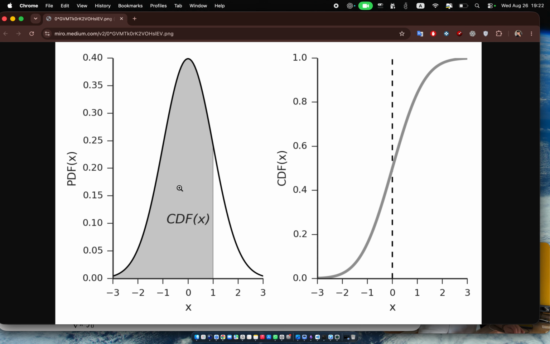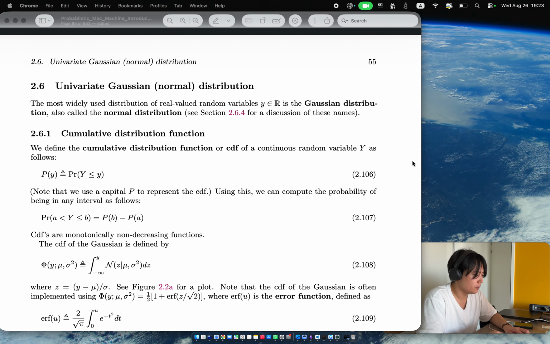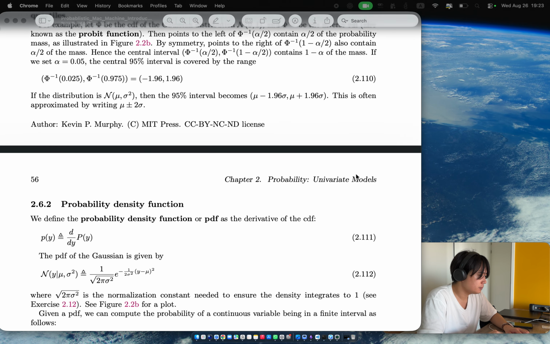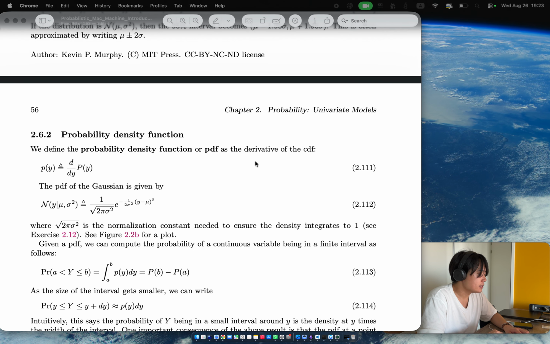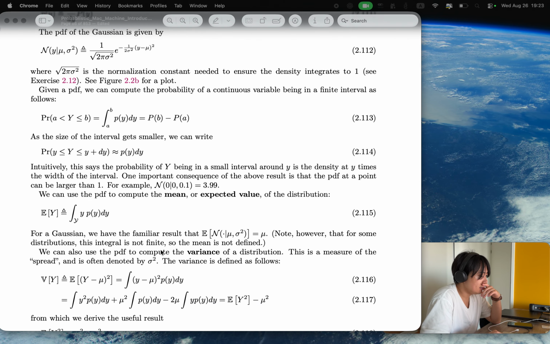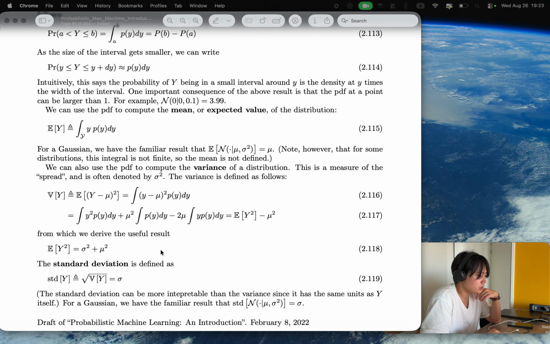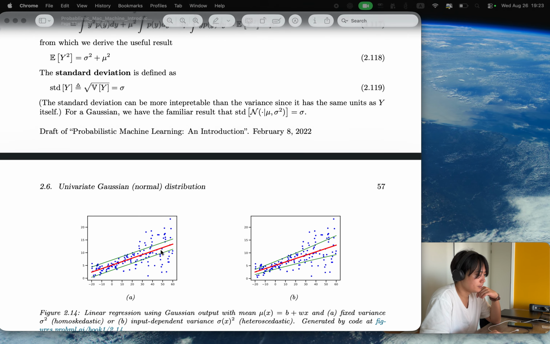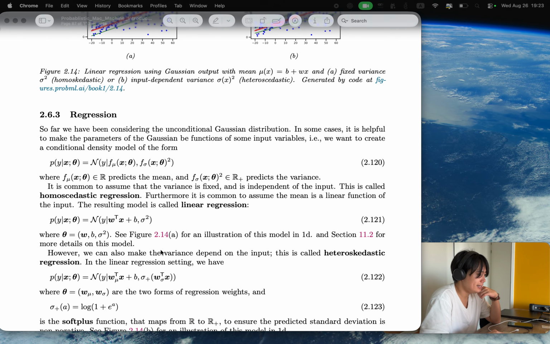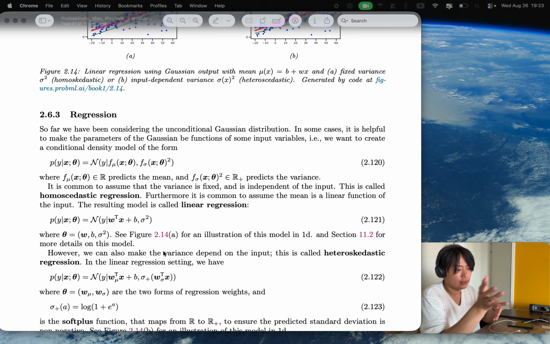So this is the probability distribution function, and this is the cumulative distribution function. And the probability density function is the other one that we just saw. The relationship between those two is very close, in the sense that you can take some mathematical calculation and generate one from the other. So those are very tightly coupled.